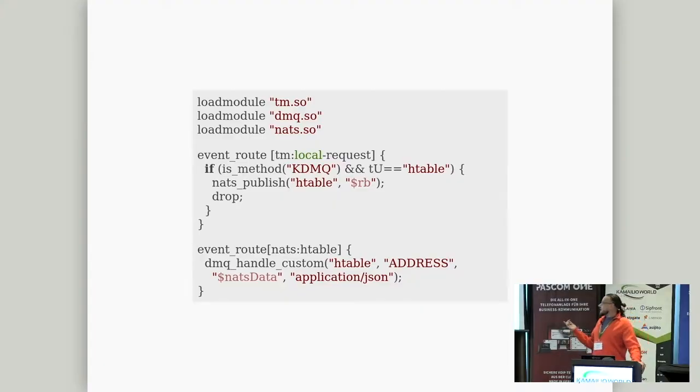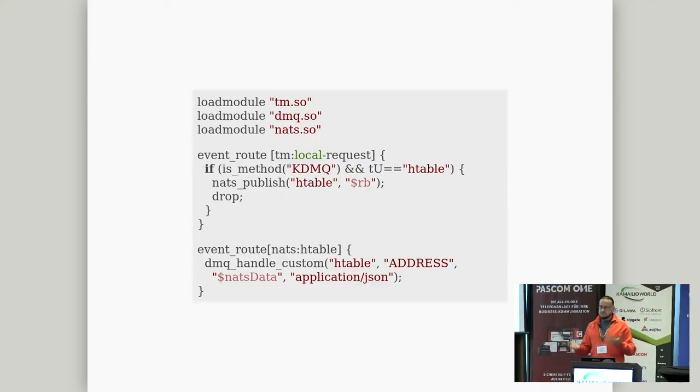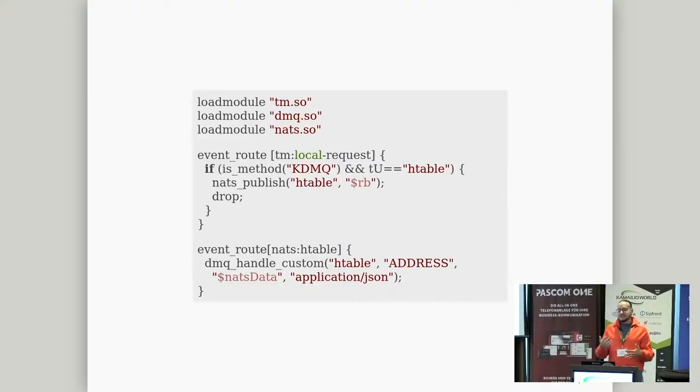But at the same time, you can check the returned value of the NATS publish function, and if there is some issue or problem with publishing, you can fall back to SIP. You will have two ways to replicate your data, using the message queue or the old one, SIP. So this is the fallback.